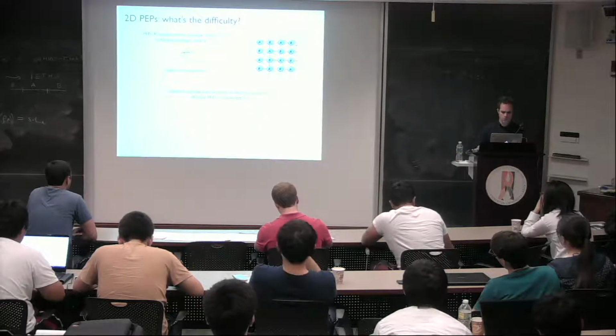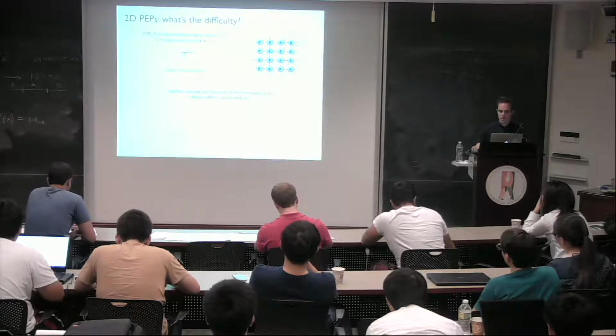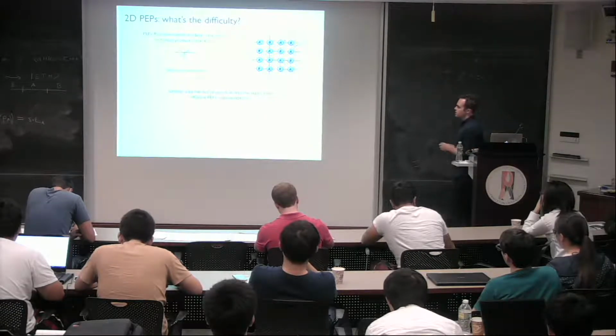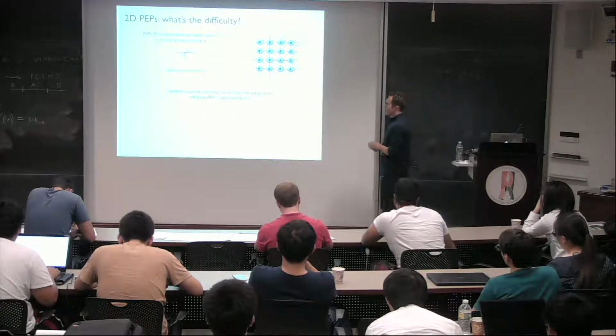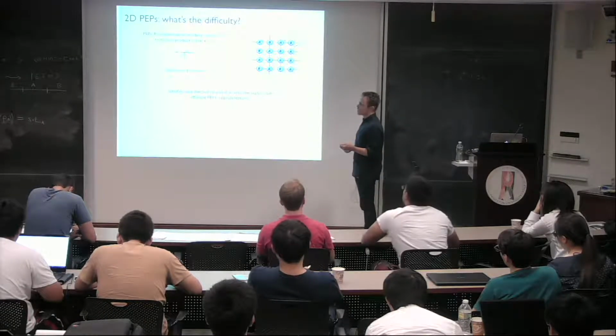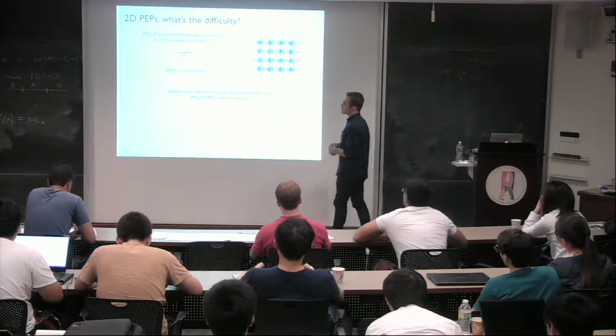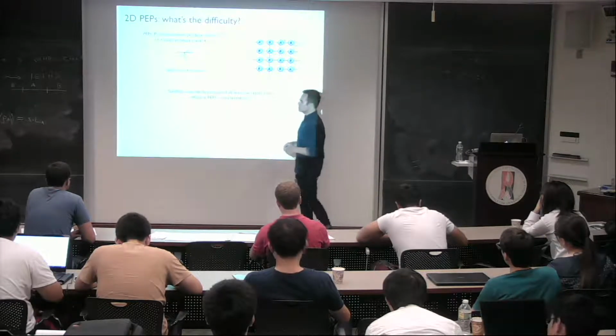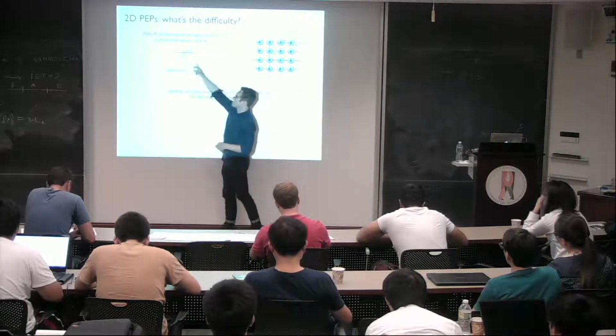So first, what's the ansatz? How do I generalize the matrix product state ansatz? Now the data, rather than being rank 3 tensors, is, if we're on a square lattice, a series of rank 5 tensors. For each site, I have a tensor.